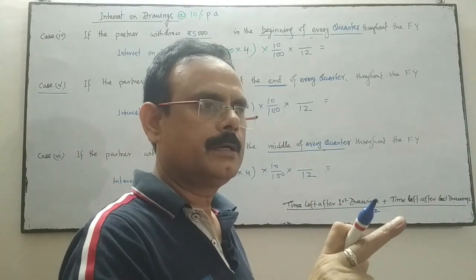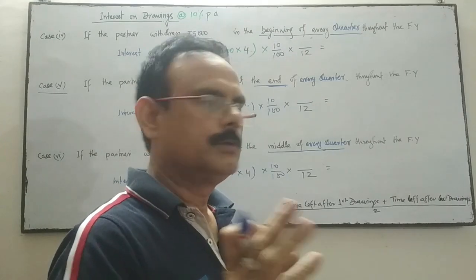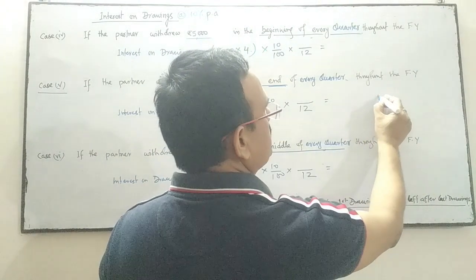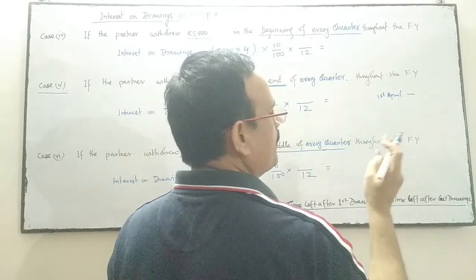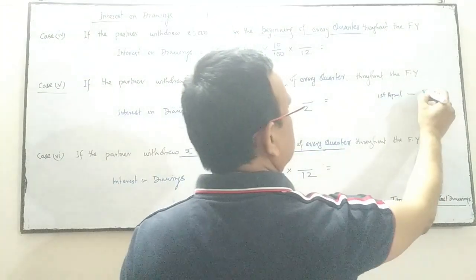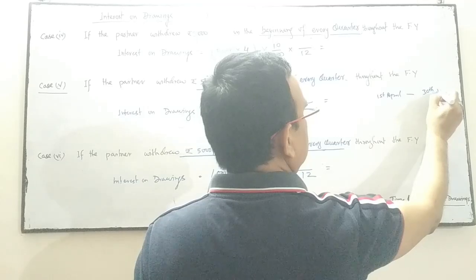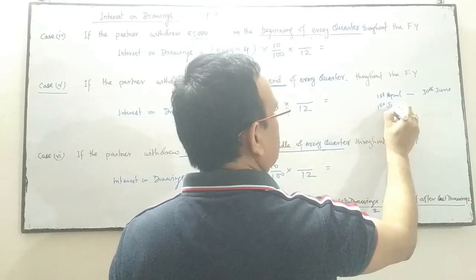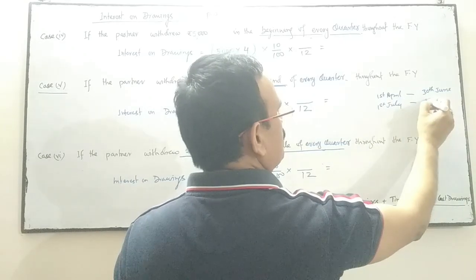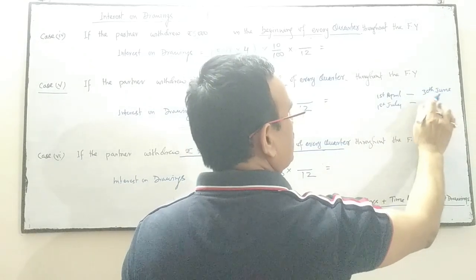1st April to 30th June is the first quarter: April, May, June. Next quarter, 1st July to 30th September: July, August, September.